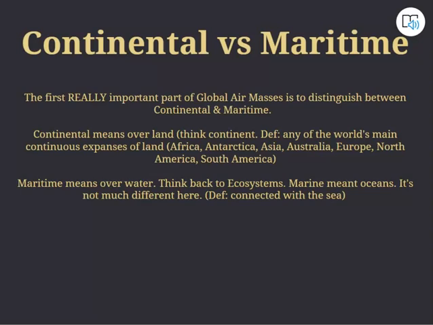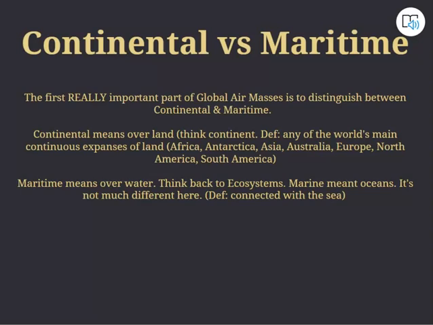All right. Our first 2 words that we're going to write down, the first 2 Lego pieces I'm going to give you today, are continental and maritime. Now, maritime should spark a little bit of something in the back of our heads from when we were back in ecosystems. What does that word maritime look very similar to that we talked about way back in ecosystems?